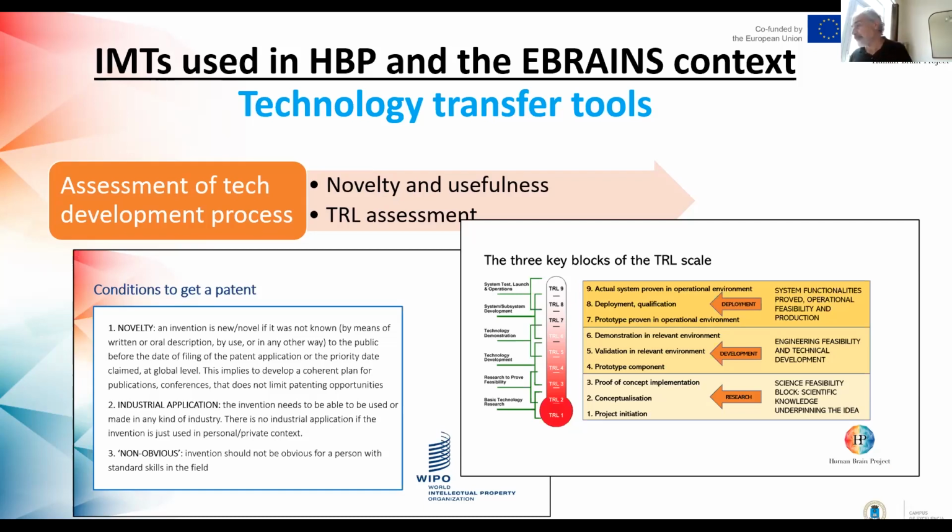You can prove its usefulness in real conditions, and then you are in the third block: the system functionalities proof, operational feasibility, and progression. That is the final process of your development to put something on the market. So these are the three clear blocks of the TRL scale.